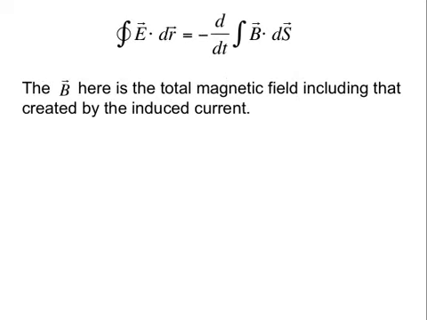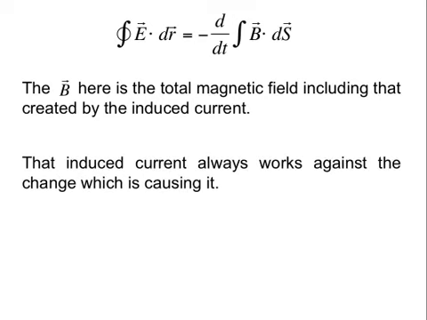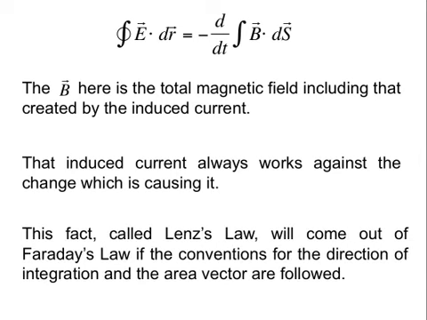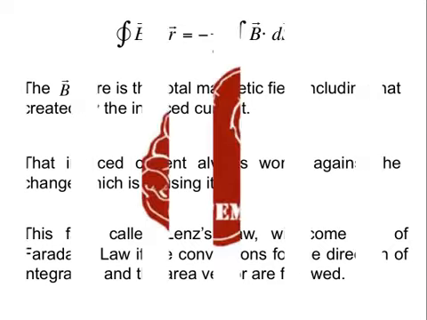The B here is the total magnetic field, including that created by the induced current. That induced current always works against the change which is causing it. This fact, called Lenz's law, will come out of Faraday's law if the conventions for the direction of integration and the area vector are followed.